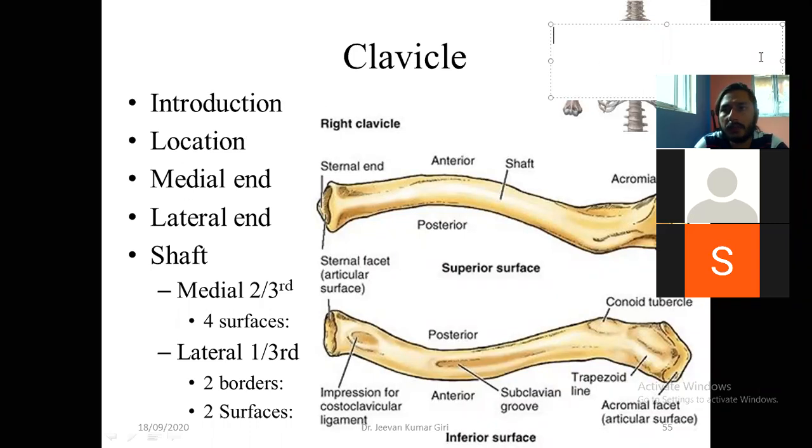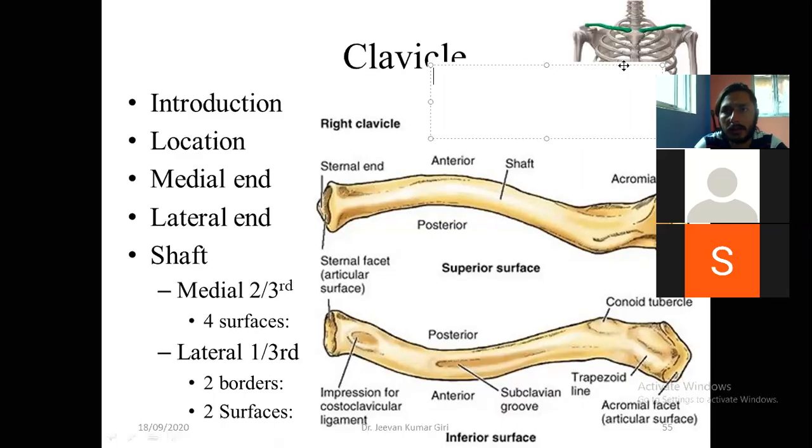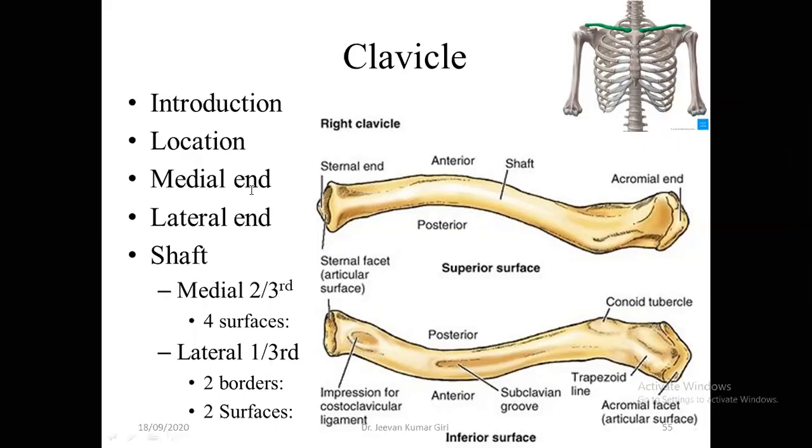Now we'll see the parts. We can read the parts of the clavicle under three headings: the medial end, the lateral end, and the shaft.